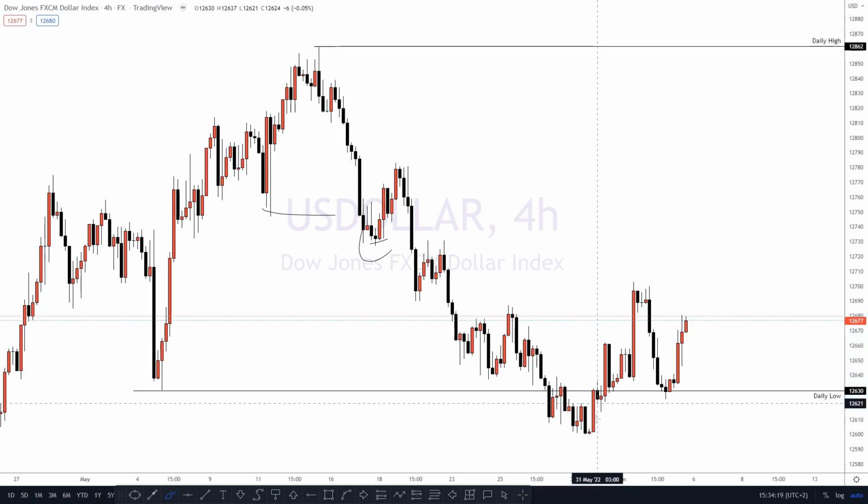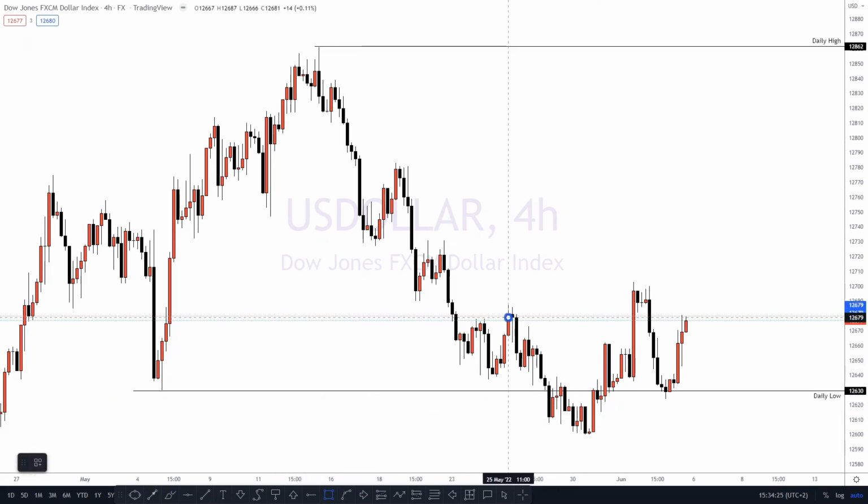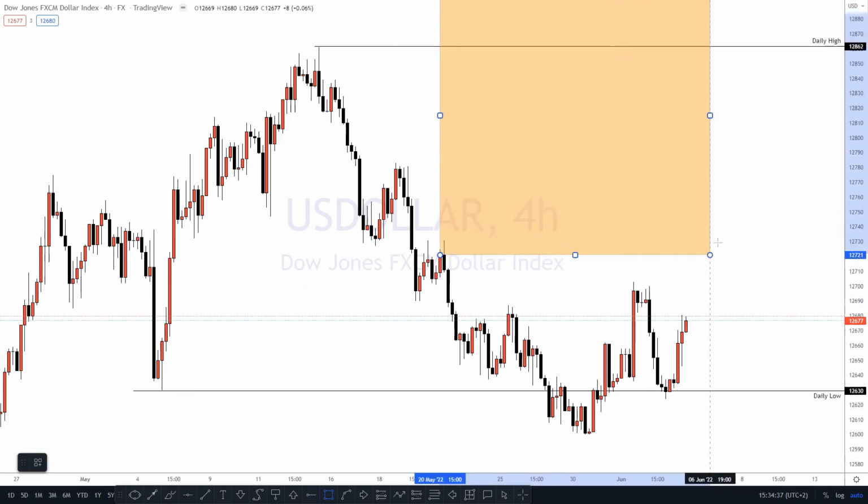So let me plot these 4H levels so that you can understand what is currently happening. I'm not going to plot this, but I'm going to plot this one.